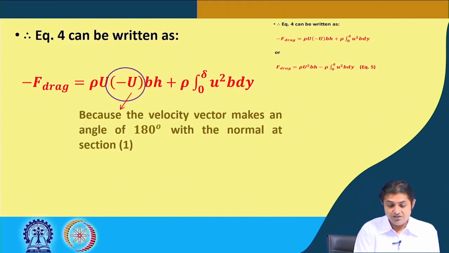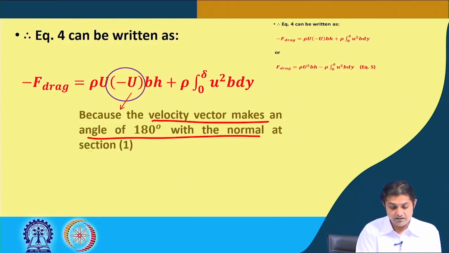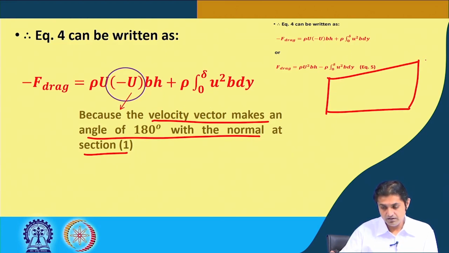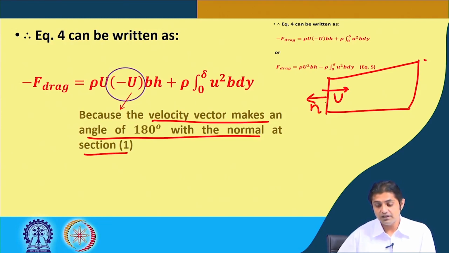And this is minus U because the velocity vector makes an angle of 180 degree with the normal. So, this was the control surface, you remember, something like this, right. So, the velocity was in this direction and the normal to this surface was here, all right.